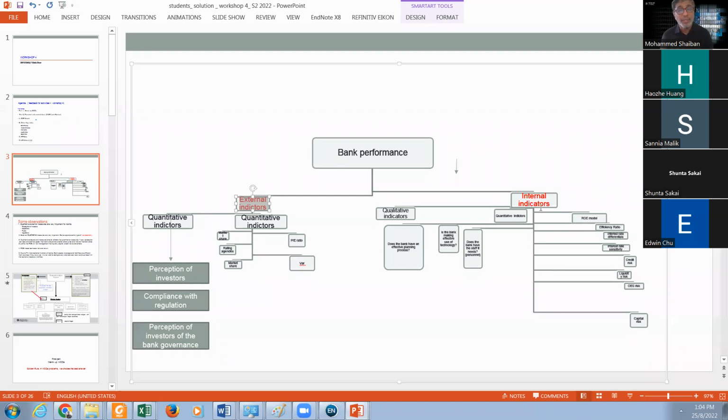The quantitative one simply is the ROE model, which is the financial ratios, and the risk ratios. The financial ratios are like ROE, ROA. We are talking about PM, which is the profit margin, the asset utilization, and also the ROA, which is the return on assets.